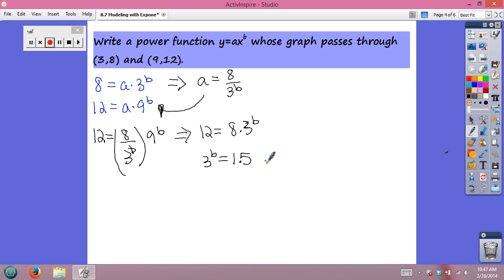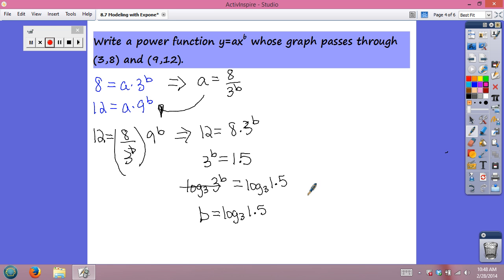Okay, and how do we get rid of this 3 to the b? If you remember correctly, we are going to take the log base 3 of both sides to bring that b down from the exponent. So what we have here is just b equals log base 3 of 1.5.